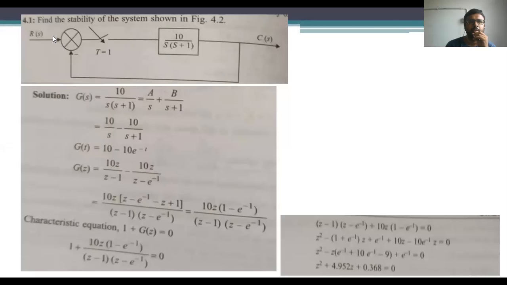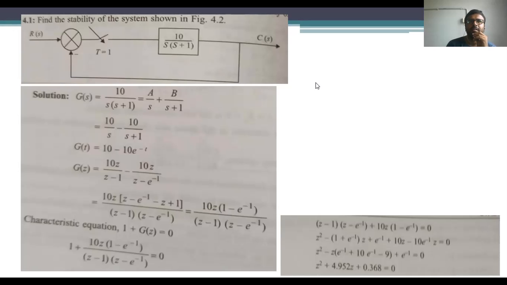So, in order to determine the Jury stability test, we have to consider the characteristic equation. That means the characteristic equation needs to be equated to 0. So, in the transfer function which we have obtained, what is the denominator value? The denominator factor is nothing but 1 plus G of s into H of s.